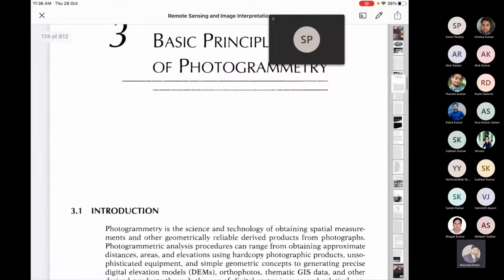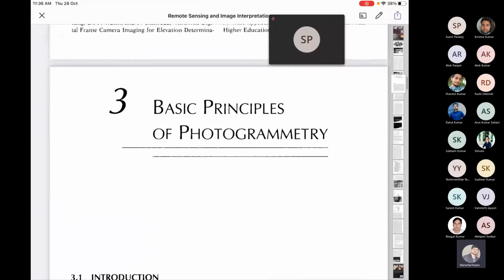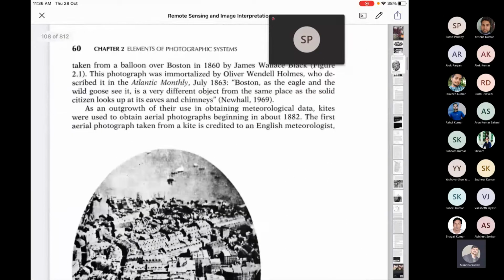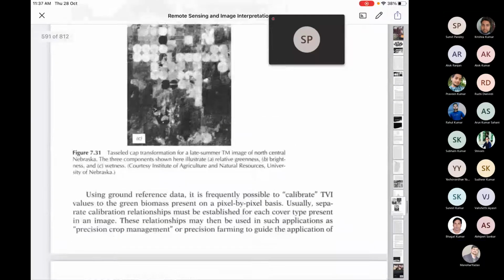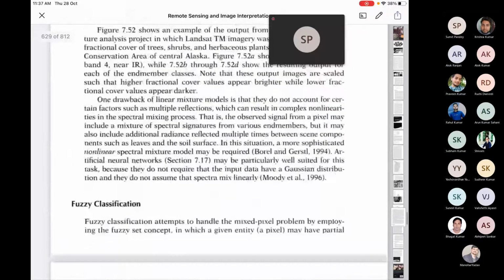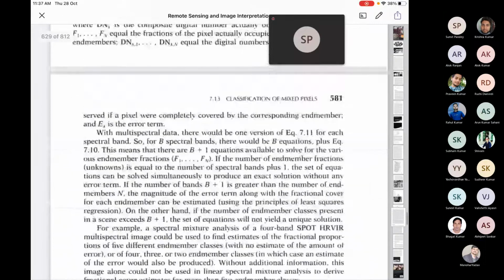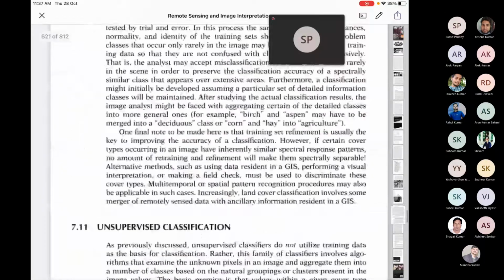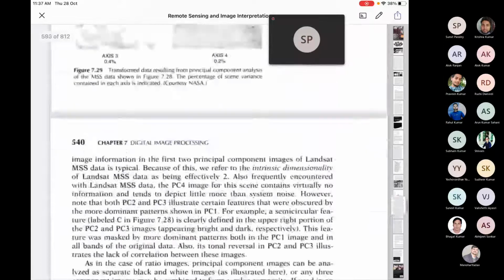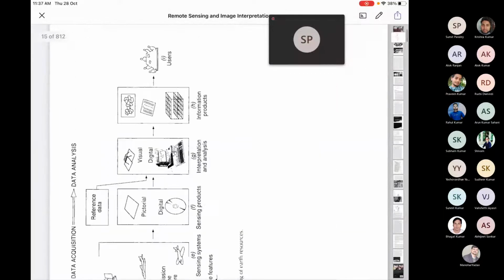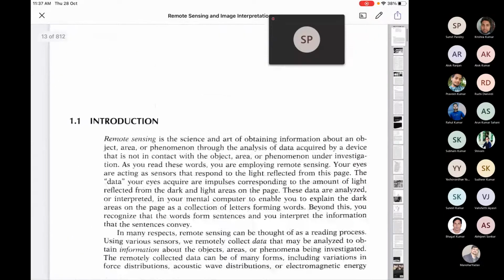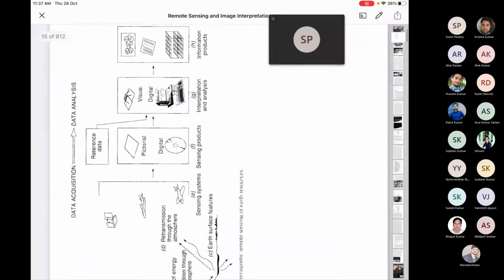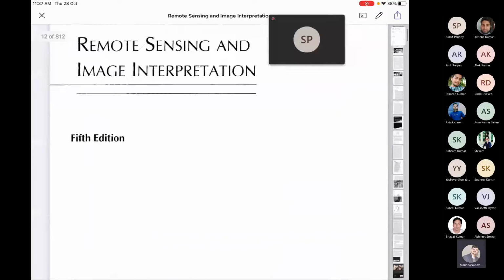If we move to the next unit, third is basic principles of photogrammetry. Let me open the index.